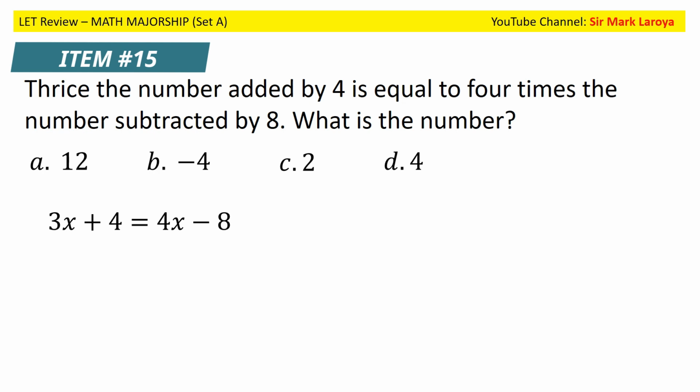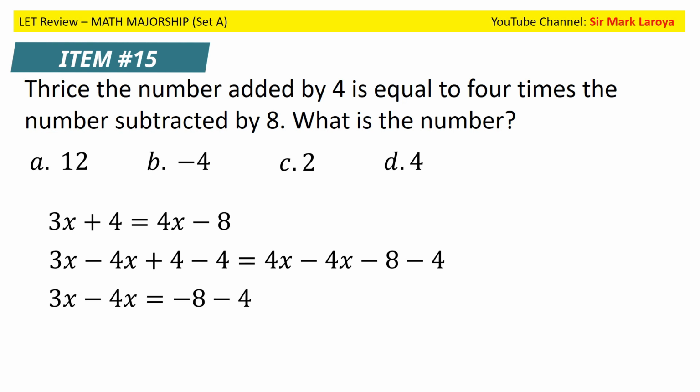So, all you have to do is to combine like terms. So, lahat ng terms na may variable, ilagay natin sa isang side. So, usually ginagawa natin sa left side and then the constants ay nasa right side. So, 3x minus 4x plus 4 minus 4 equals 4x minus 4x minus 8 minus 4. Okay.